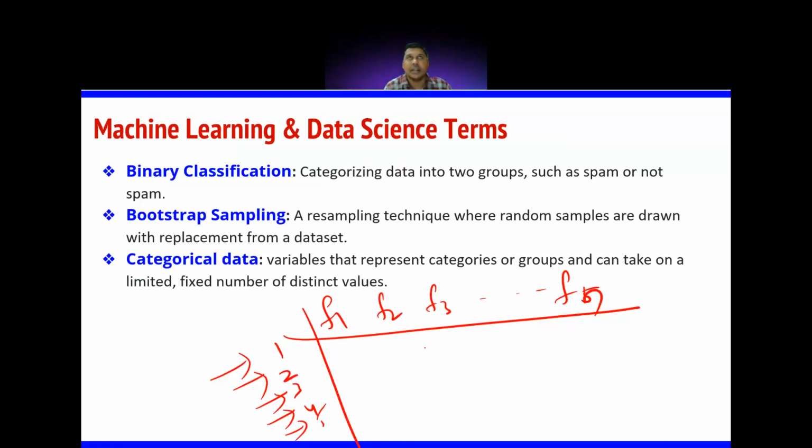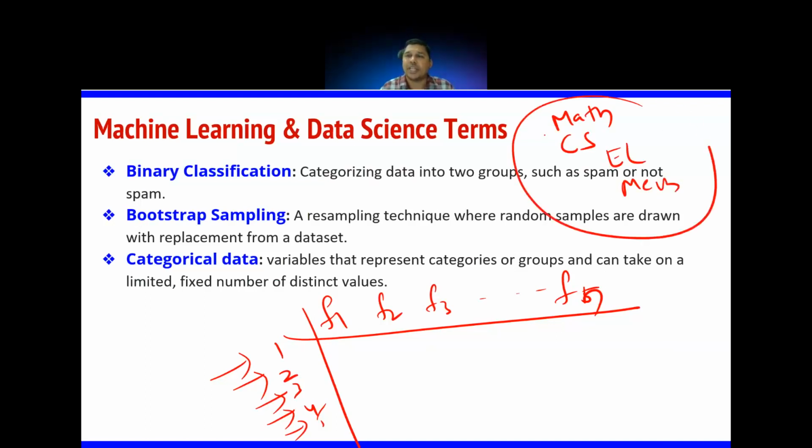One example of categorical data can be major course. One of the features is major course. Generally we have fixed major courses like math, CS, electrical or mechanical.